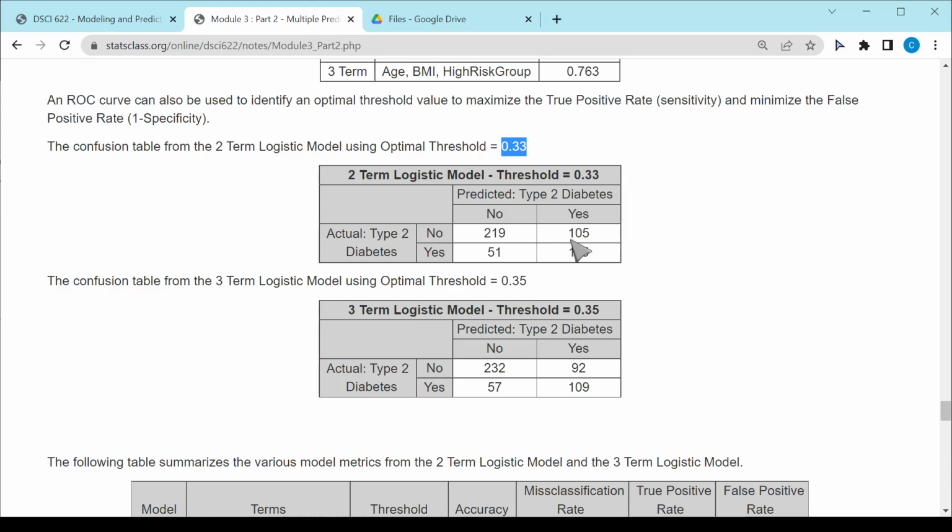Now I want you to look here at the 51 and the 115. So when I use an optimal threshold here, I had 115 here that were predicted to have diabetes that actually did have diabetes. All right, so maybe let's just look at that 115 first.